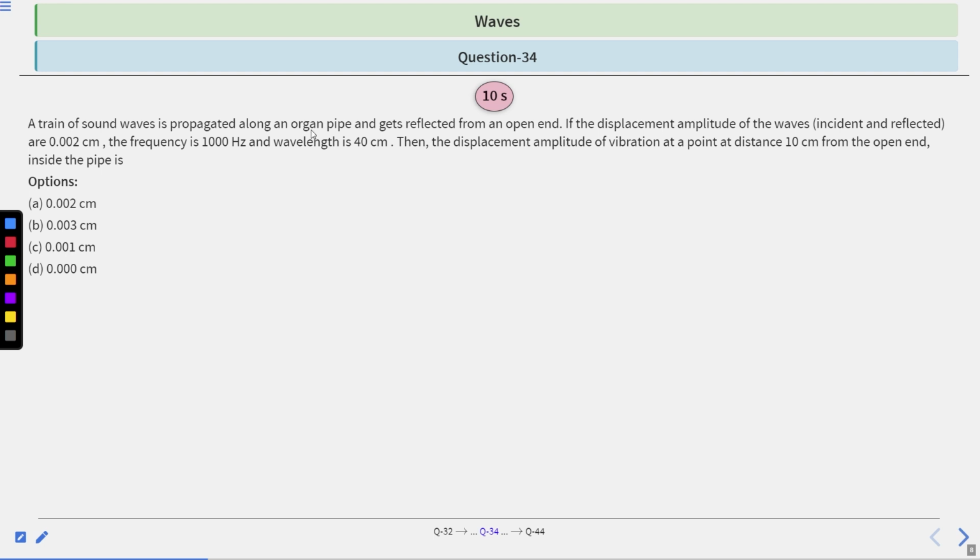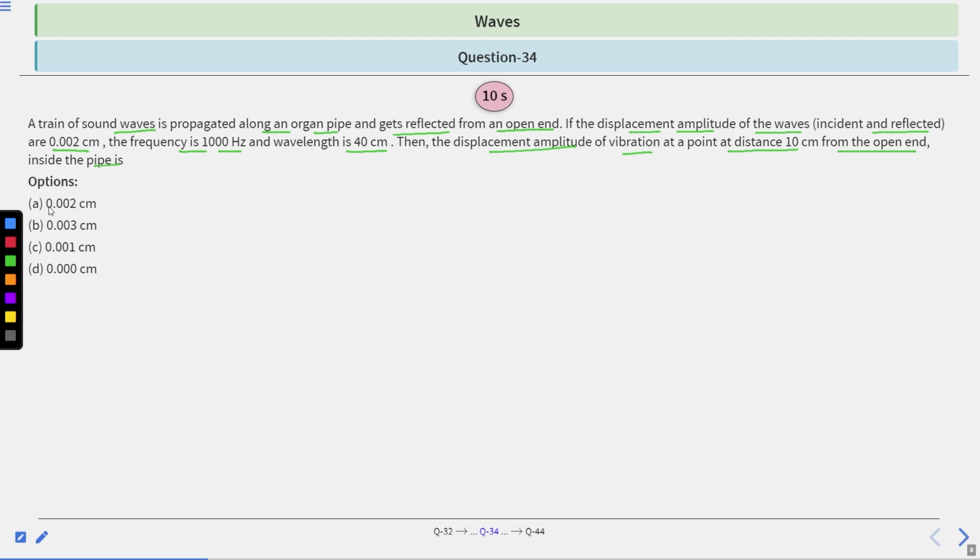Question 34. A train of sound waves is propagated along an organ pipe and gets reflected from an open end. If the displacement amplitude of the incident and reflected waves is 0.002 centimeter, the frequency is 1000 Hz and the wavelength is 40 centimeter, then the displacement amplitude of vibration at a point at a distance of 10 centimeter from the open end inside the pipe is what?